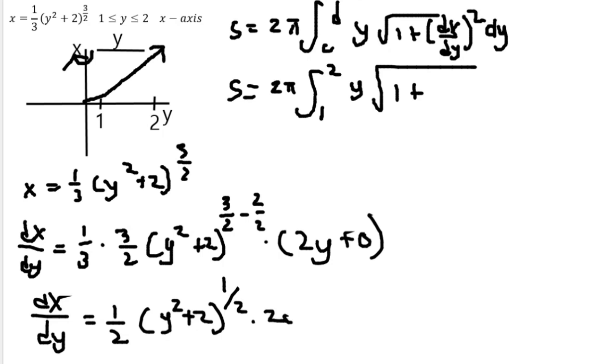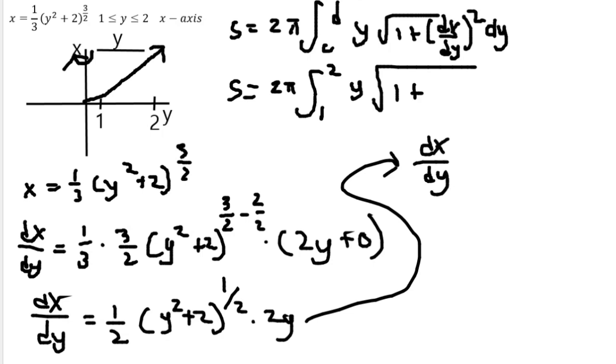We still have 1/2 here, and we got 2y. We can just cancel the 2. So dx/dy is going to be y times the quantity y squared plus 2 raised to the 1/2.